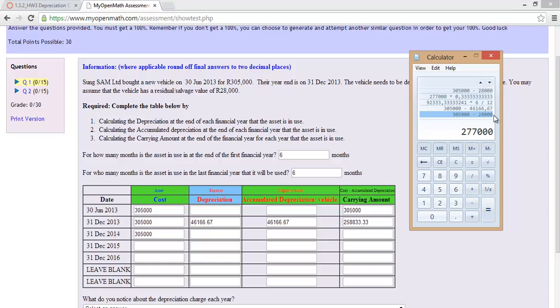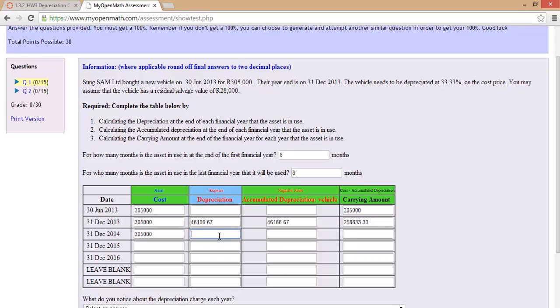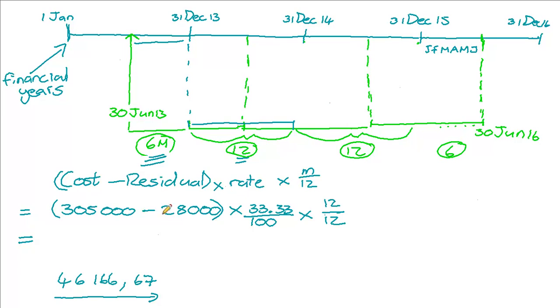Remember you have to take this total, multiply that by 33.33% recurring, which equals 92,333, multiplied by 12 divided by 12, which is 1, but just for completeness, the answer doesn't change, 92,333.33.